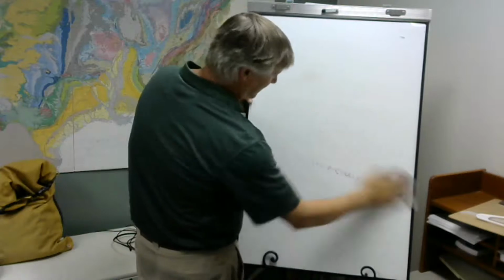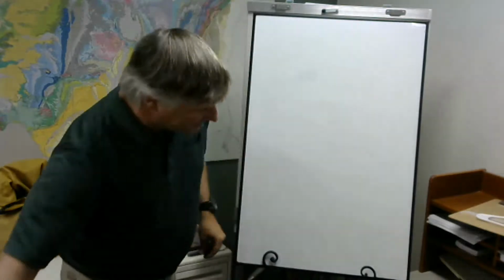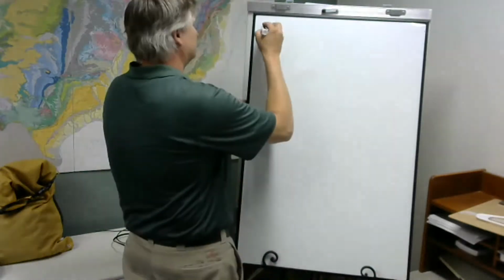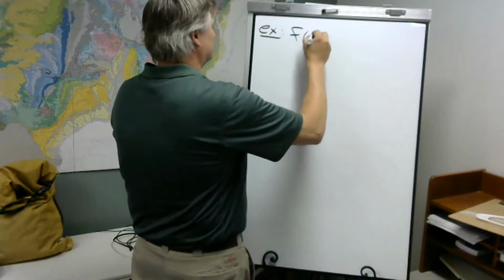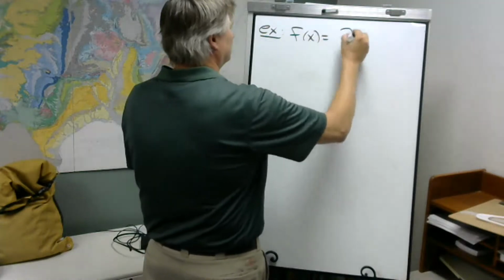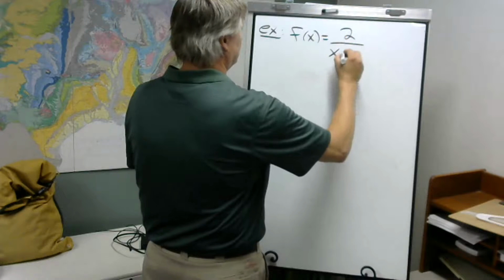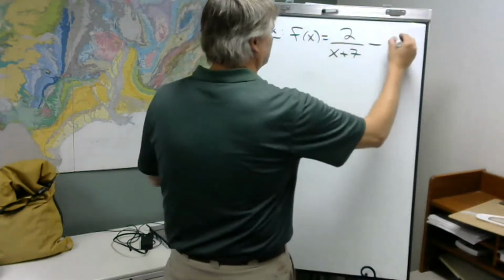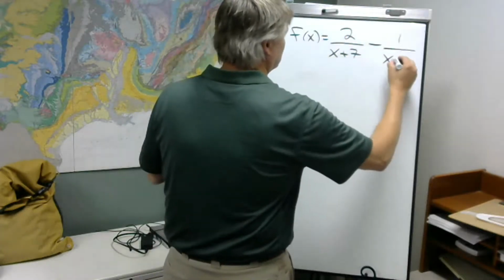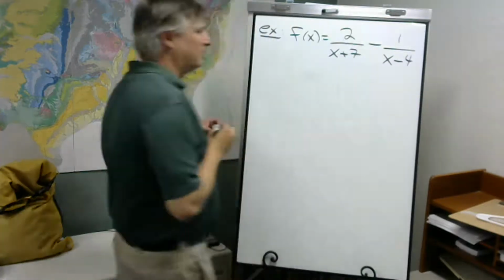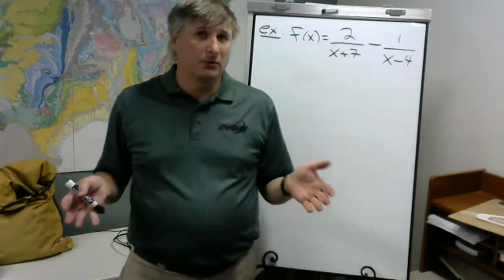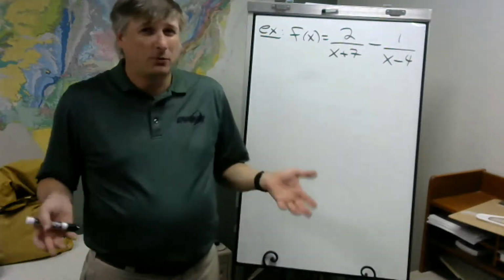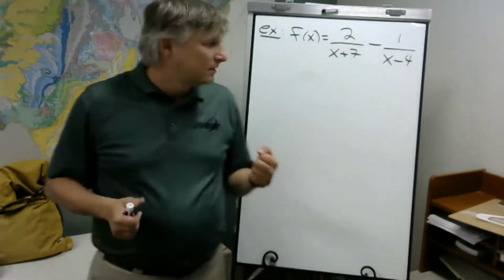So for example, let's take a look at this. We can think about the 4 types of things we want to avoid when we come up with a domain.